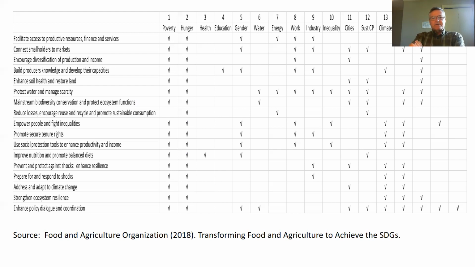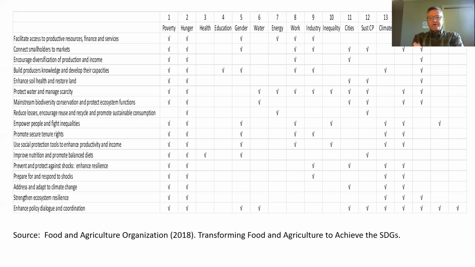And then the 17 goals across the top. So the goals on hunger and poverty, I say, are sort of fundamental for food and agriculture. But the other 15, including the health goals, the education goals, the gender goals, the water, service and access goals, energy goals, work goals, and workplace safety, industry, inequality, sustainable cities, sustainable consumption and production, climate action, life below water, life on land, peace and partnership, make up the 17 goals.